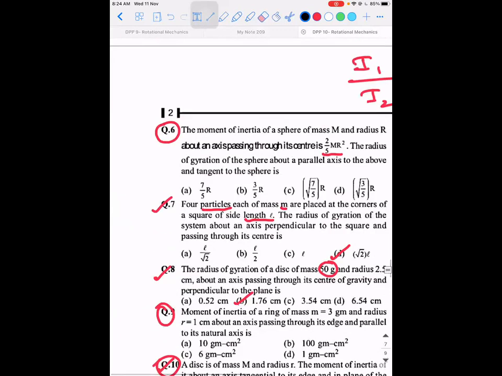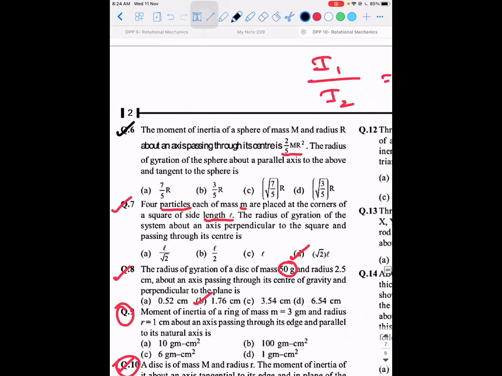So based on this logic, you guys tell me what is the answer for the 6th one. The moment of inertia of a sphere of mass m and radius r is given as 2 by 5 m/r square about an axis passing through its center. Indirectly, it is nothing but diameter. The radius of gyration of the sphere about a parallel axis to the above and tangent to the sphere.